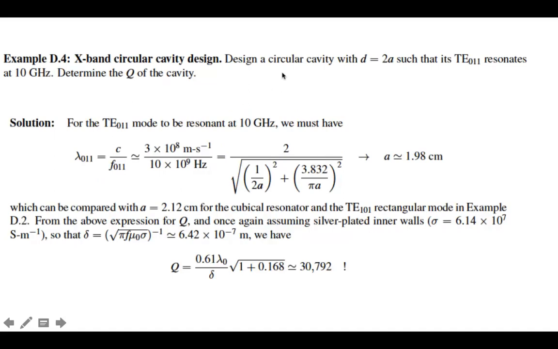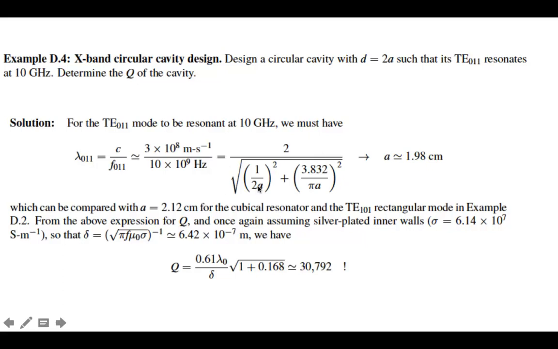Okay, the final thing that we want to look at is a circular cavity design. We want to design a circular cavity that has D equal to 2A so that the TE011 resonates at 10 gigahertz, and we want to determine the Q of the cavity. So for the TE011 mode to be resonant at 10 gigahertz, you have to have lambda 011 equal to C over F011 equal to the following formula, where A is the cavity dimension.